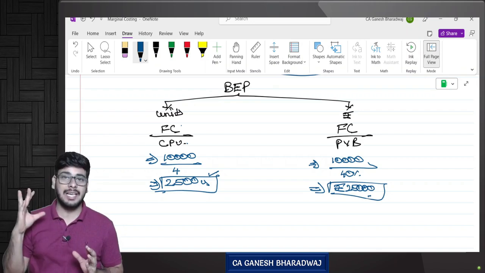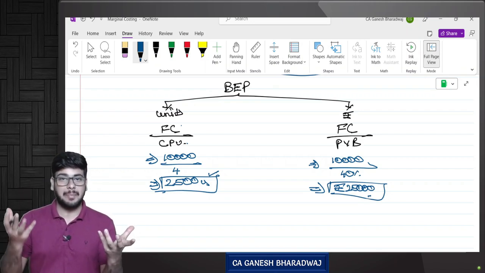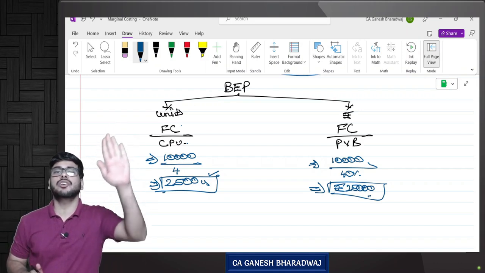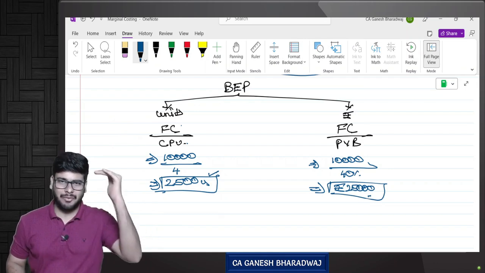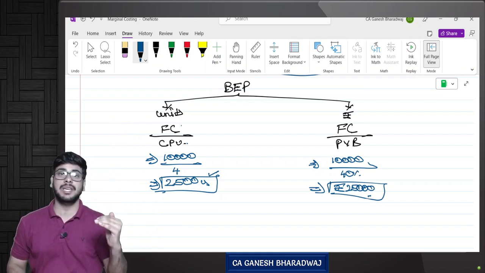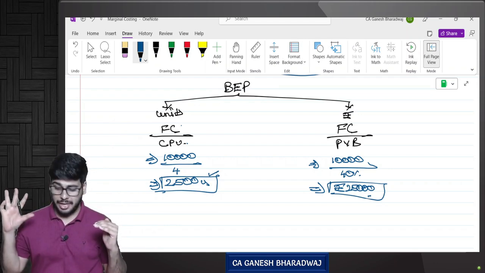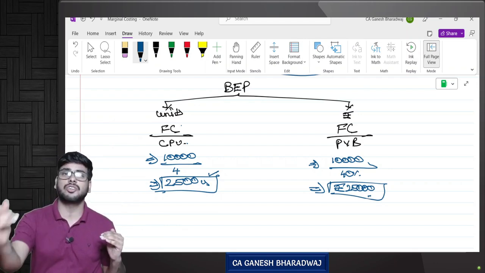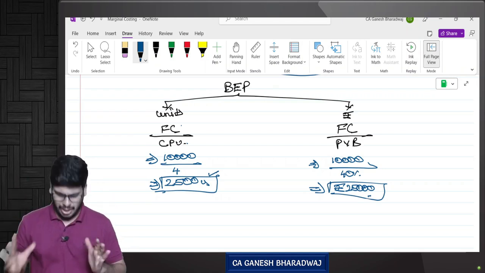So wherever sales is coming, it can be represented on a units level, or it can be represented in value. If you want to calculate the break-even point in units, the formula is fixed cost divided by CPU, contribution per unit. If you want to calculate the break-even point in value directly, it is fixed cost divided by PV ratio. Are you clear with this? See how logical it is.